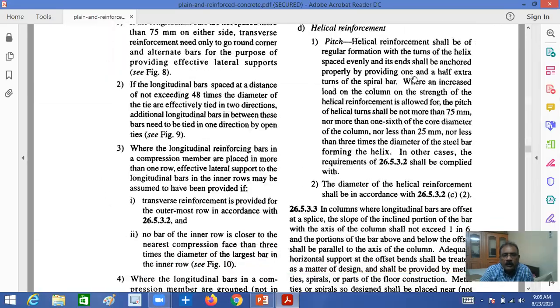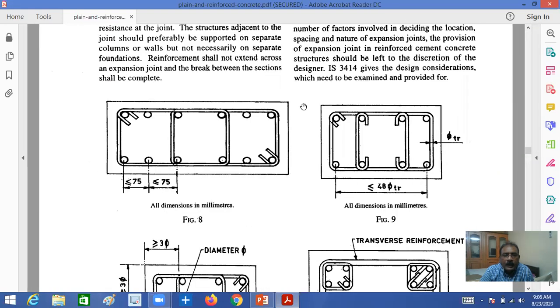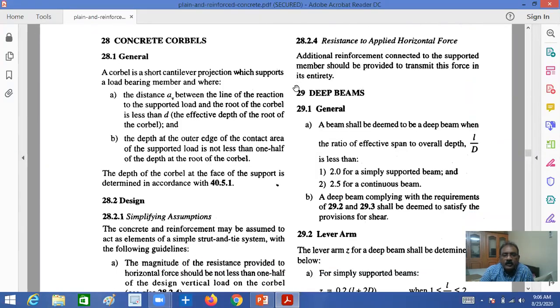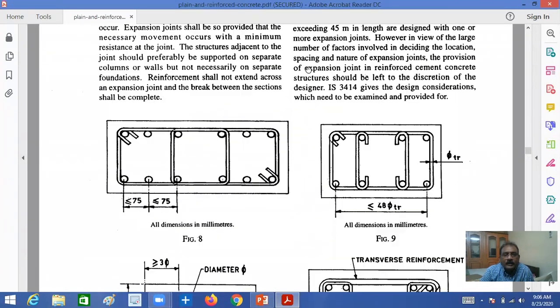Stirrups, we have different types of stirrups like this: two-legged stirrups, three-legged stirrups. So these are the different types of stirrups we have. I discussed not only helical and tied; in tied also you have different types. You have to show these diagrams in your examination.